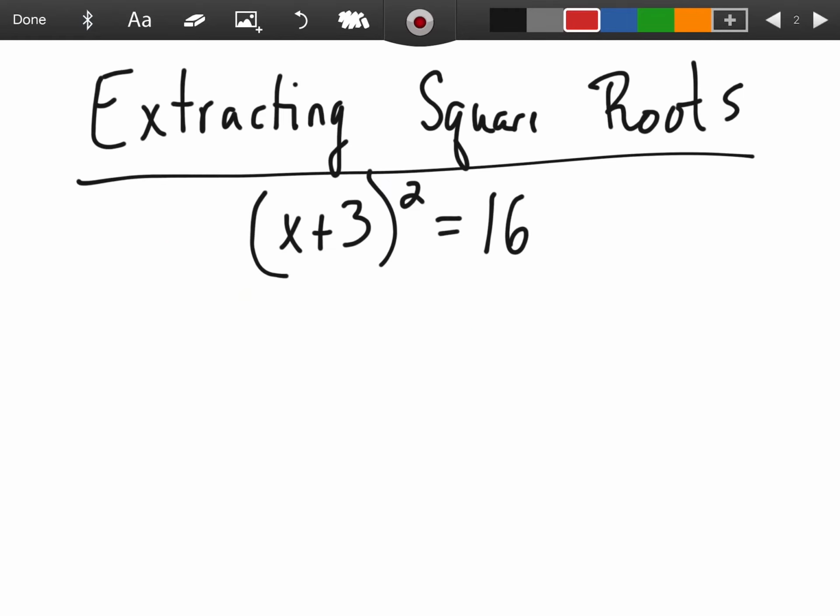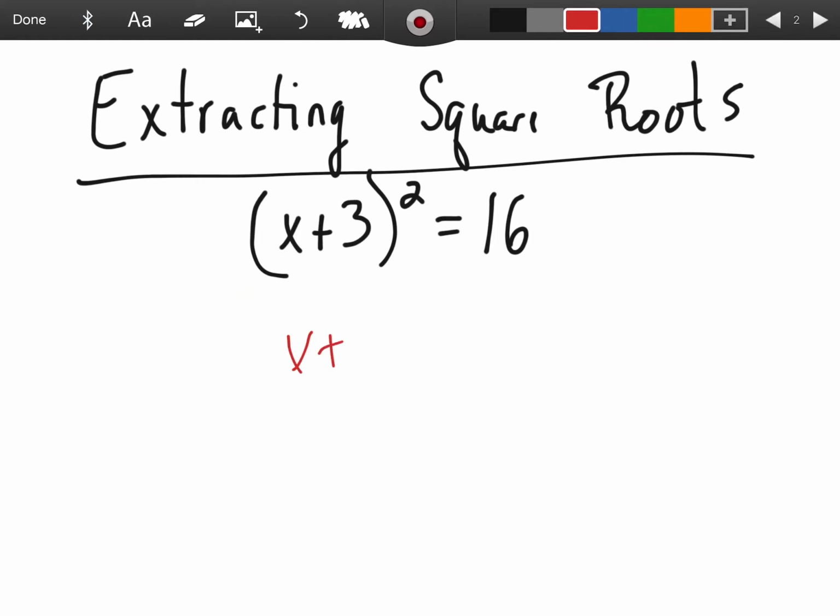All right, so before we even get into completing the square, we need to learn how to extract square roots. And what exactly does that mean? In this case, if we're trying to solve for x, all we need to do is take the square root of both sides.